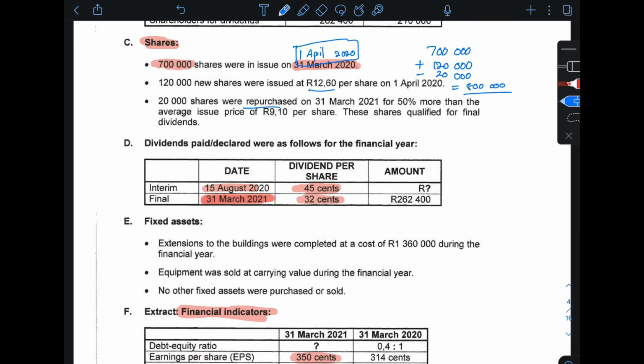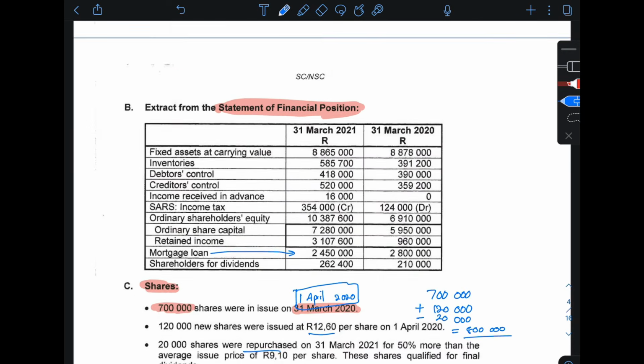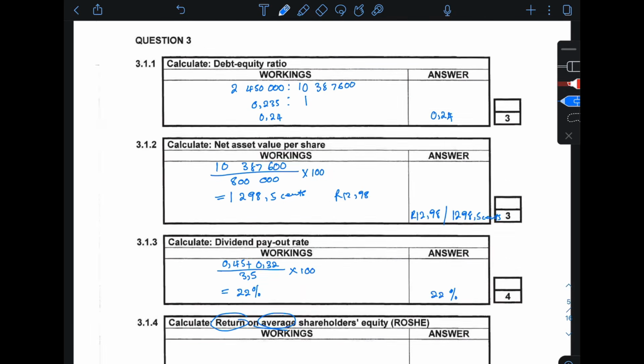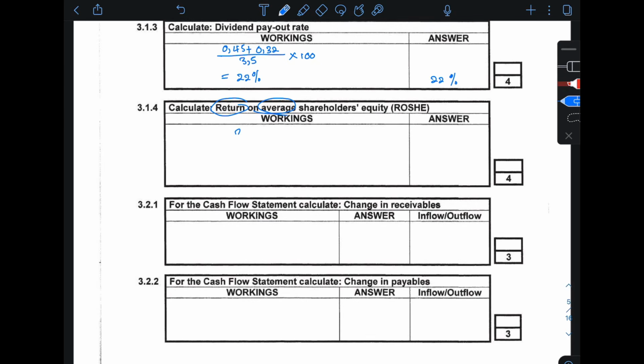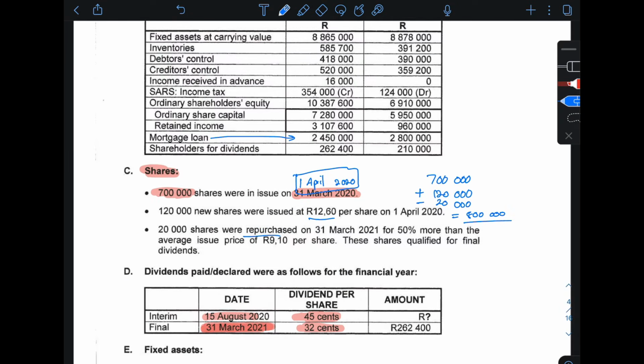And then once we move to our information, we have your net profit after tax, given as 2,870,000, divided by the half of your shareholders' equity, your average, which simply means that you add these two amounts to get their average. What is your average shareholders' equity between the 2 years?